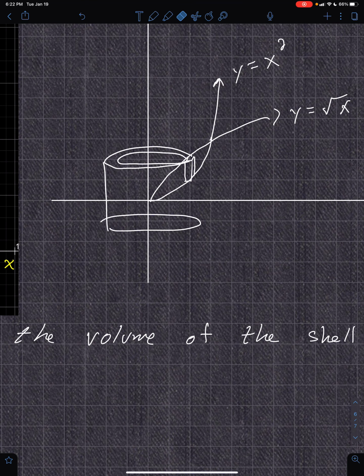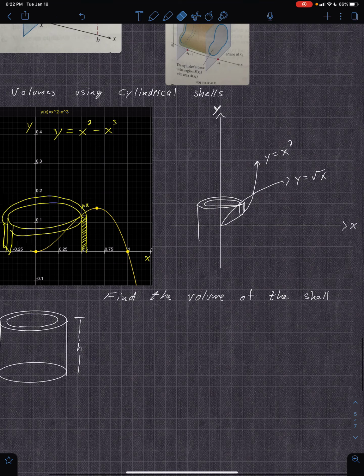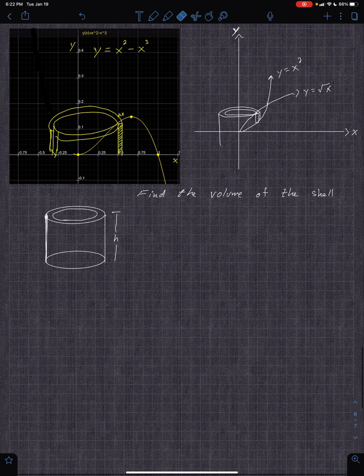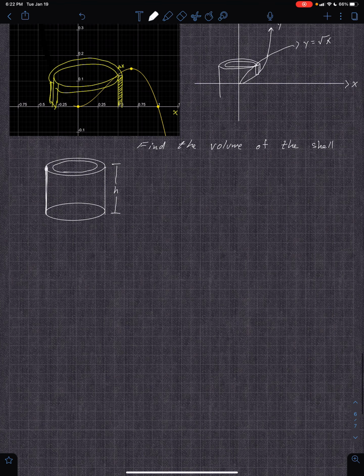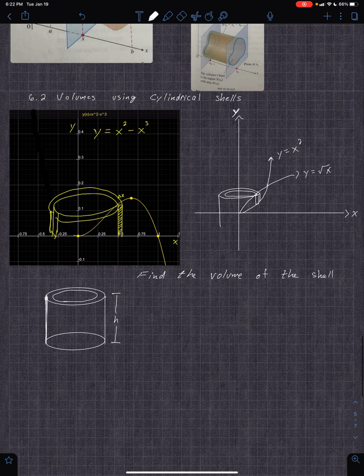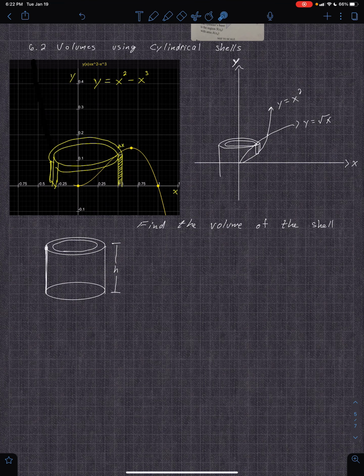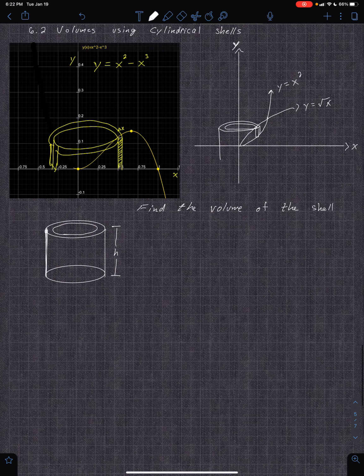Oops, it's not going to go down that low, is it? Okay. So the height will be that. That was the whole point of it. The height will end up being the difference of those function values. For this example, it's basically this top one, but then you have 0, so it's a little easier. This one, you'd have a top and a bottom to find the height. Okay, that part will be easy to find h.